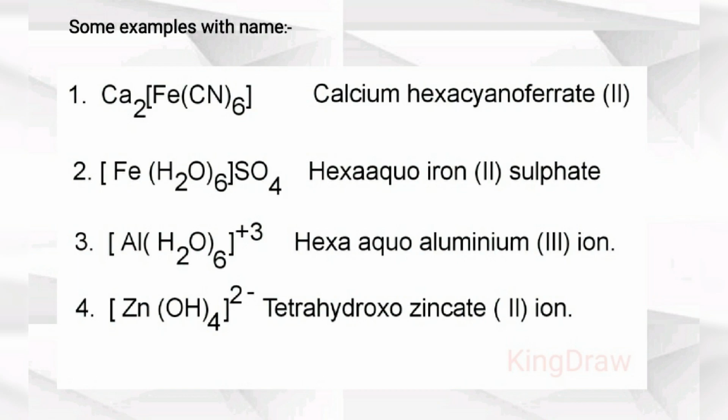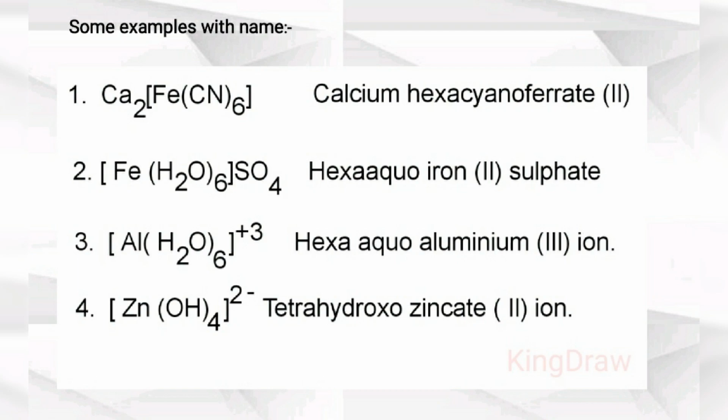So hexaaqua, then the name of the central metal ion aluminium with oxidation state +3. Hence the name becomes hexaaquaaluminium(III) ion. As it is an ion, lastly we write the word ion. In the upper two examples, these are neutral compounds, so they are not followed by ion.